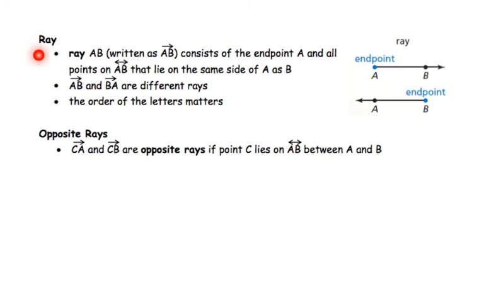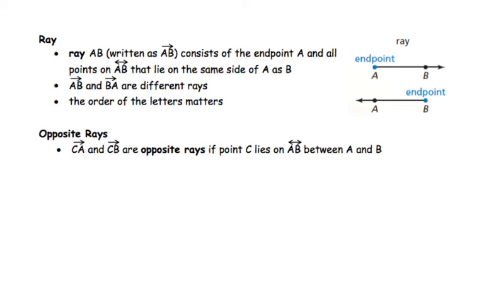Ray. Not sunshine Ray, but a ray here, written as AB. Notice it has a line overhead that has only one arrow, because it consists of an endpoint and then all the points in between on AB that lie on the same side as A and B. So we get one endpoint, and it consists of all of these points in between that extend all the way through that arrow.